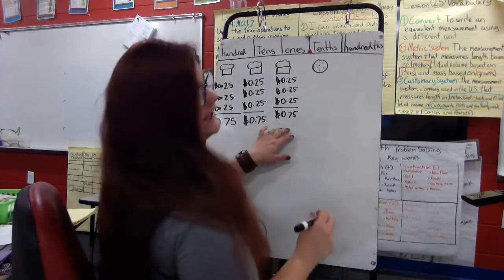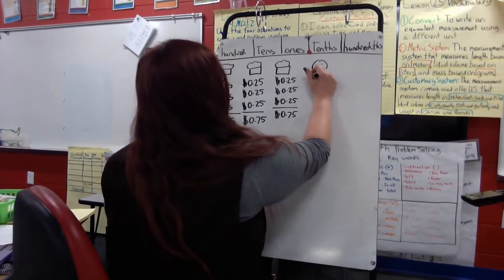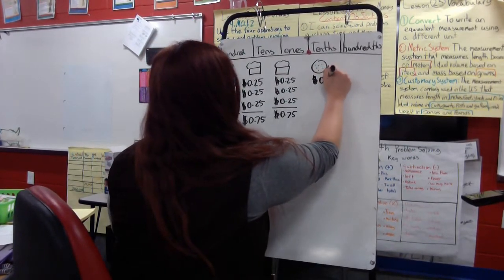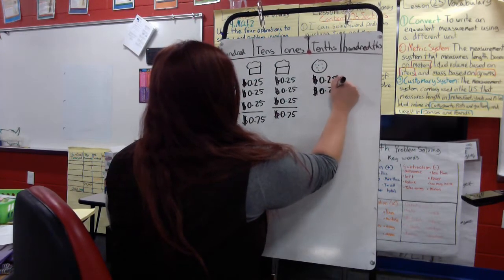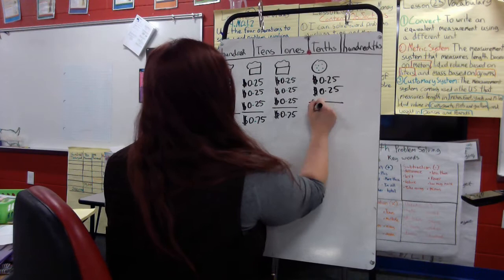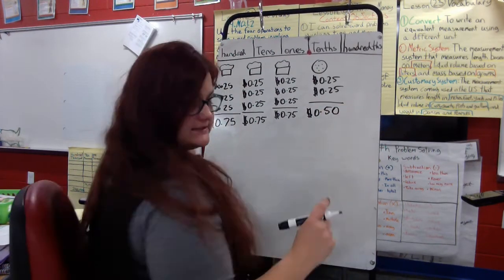Boom. And our cookie cost us 50 cents. So our cookie only cost us 2 quarters. There's 1 quarter. There is 2 quarters. And that's going to equal 50 cents.